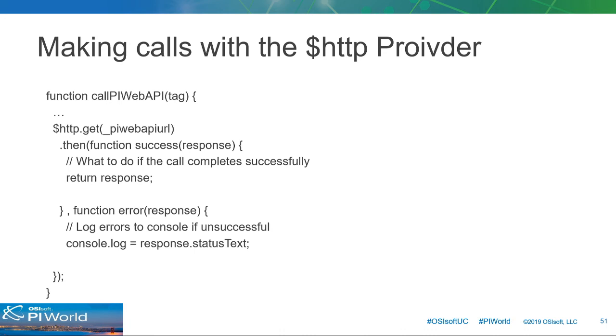In tomorrow's lab with Anna Perry, she's going to be using that HTTP provider and making post requests to the PyWeb API, so you can post manual data to the PyWeb API and get that manual data right back through a custom symbol.